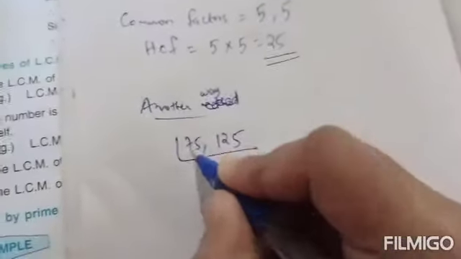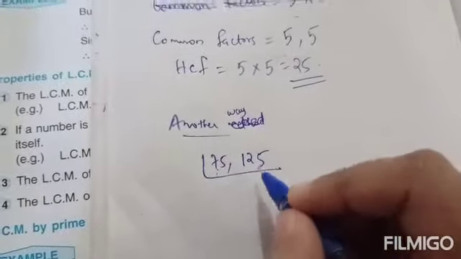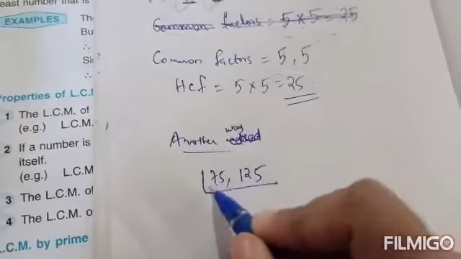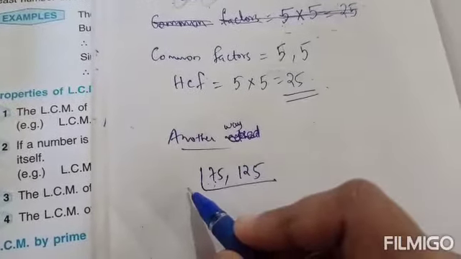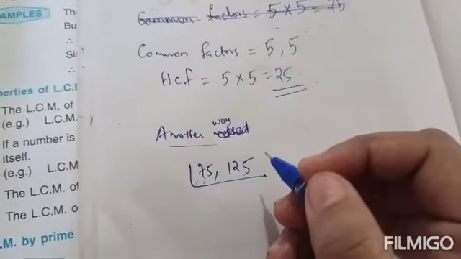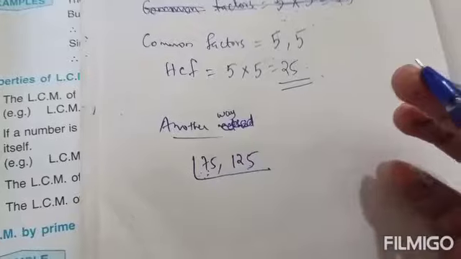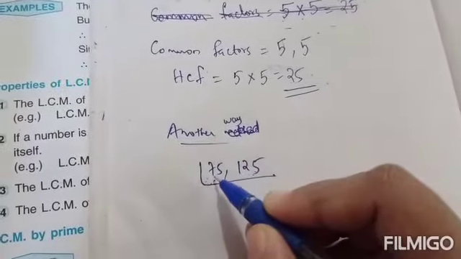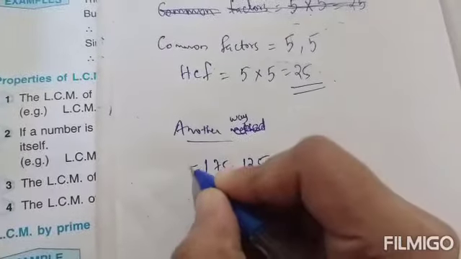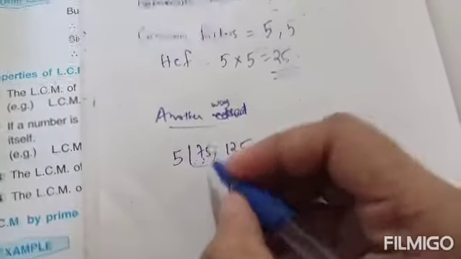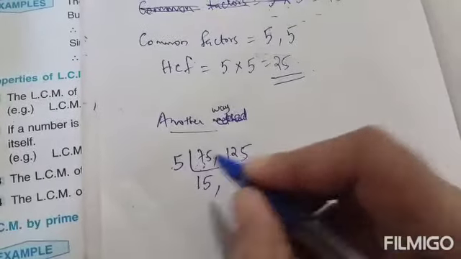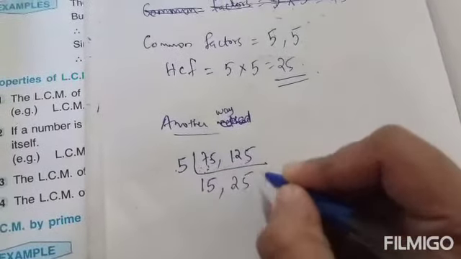While doing the prime factorization of 75 and 125 together, you need to divide these numbers by a prime number with which both numbers are divisible. Find a prime number with which both 75 and 125 are divisible. You can find that, 5 only. Okay, so 5. Now 75 divided by 5, it is 15. 125 divided by 5, it is 25.